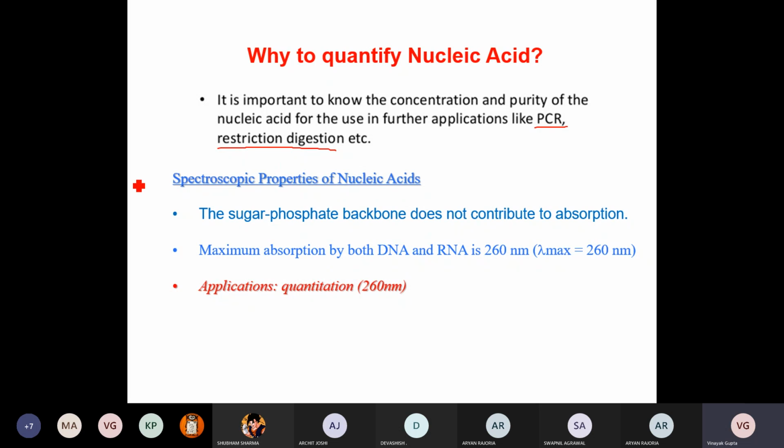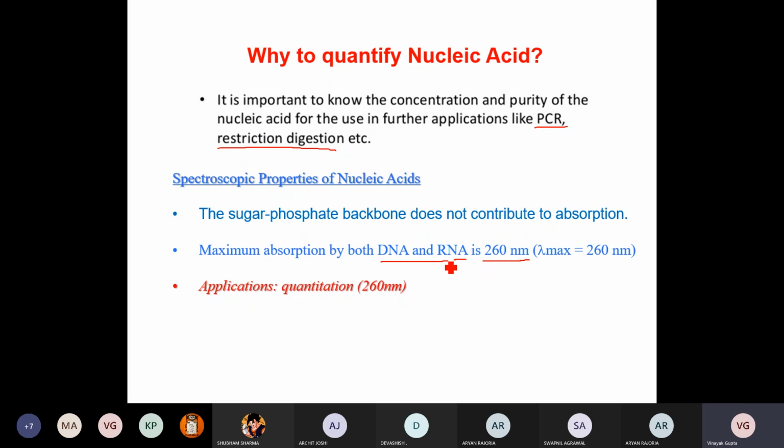We are going to use one of the physicochemical properties of DNA or nucleic acid: the sugar phosphate backbone does not contribute to absorption. DNA can absorb UV light at 260 nanometer. Not only DNA, RNA also. DNA and RNA both can absorb UV light at 260 nanometer.